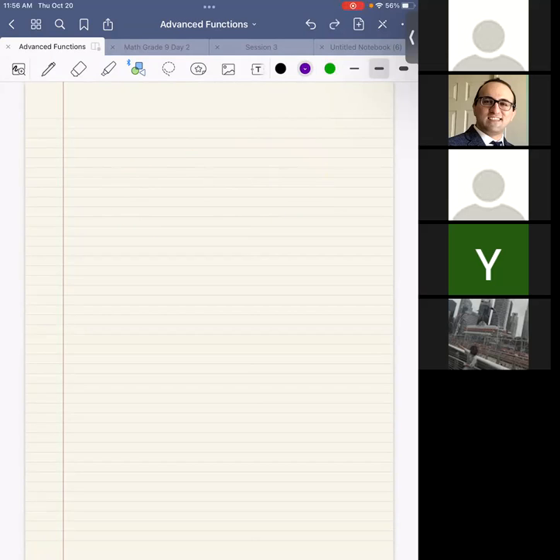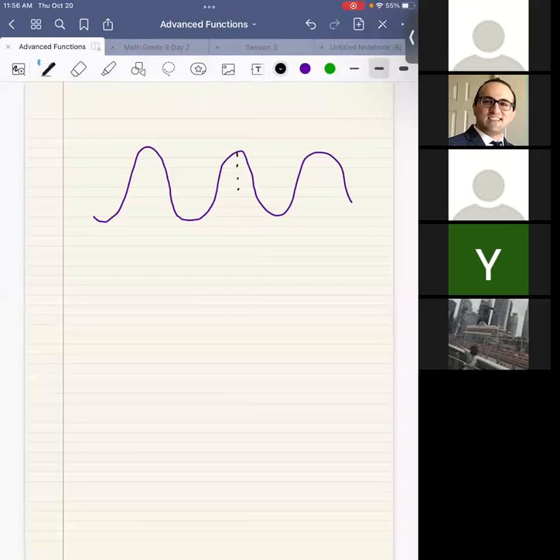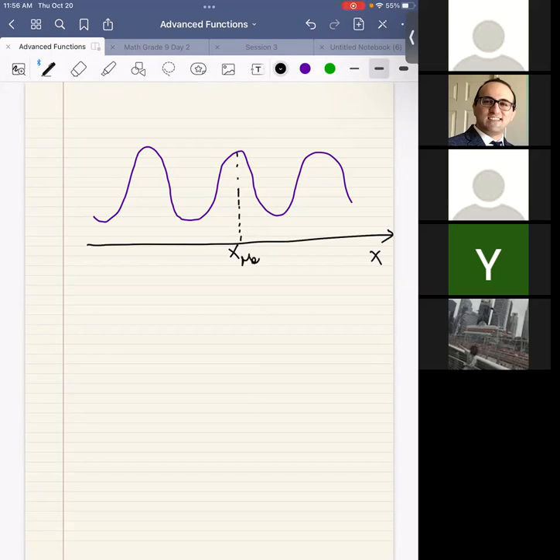Okay. So each of these peak points could be a maximum. I mean, imagine this is also the x-axis.